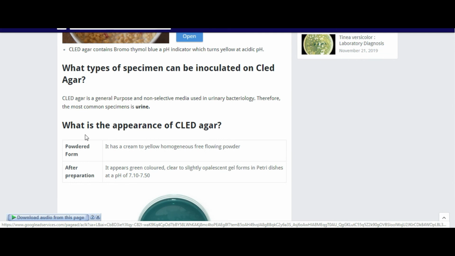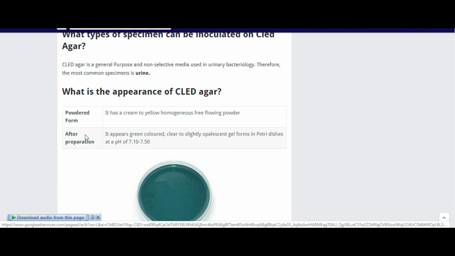Since CLED Agar is a general purpose media, the type of specimen can almost be any kind of specimen. But CLED Agar is ideal for urinary bacteriology. Therefore, the best specimen to be inoculated on CLED Agar is urine. CLED Agar is in powder form.